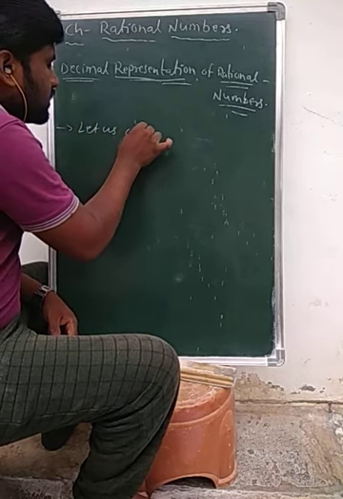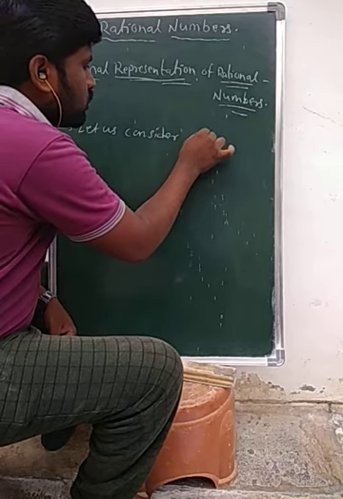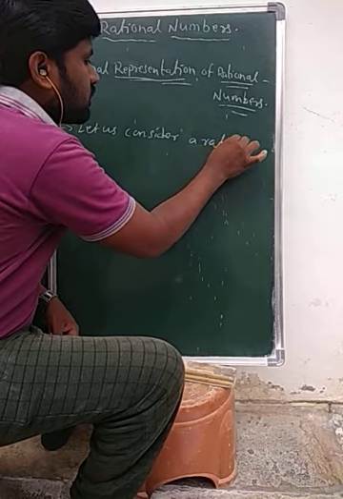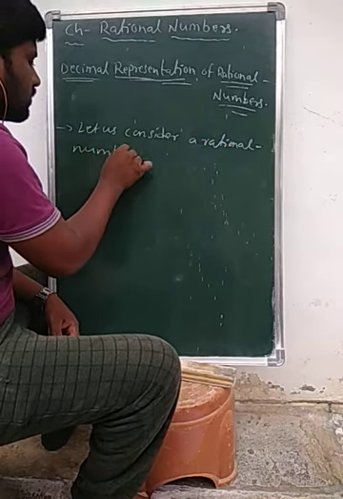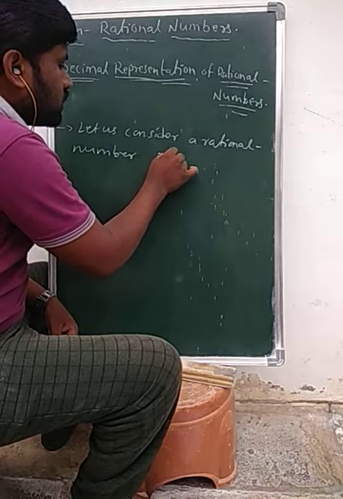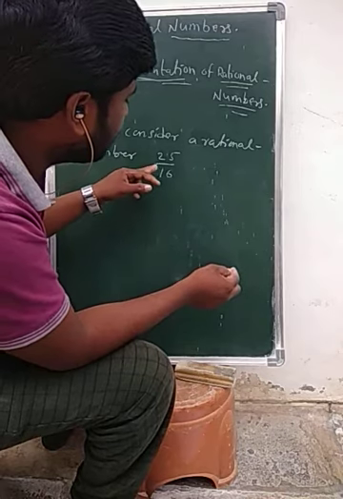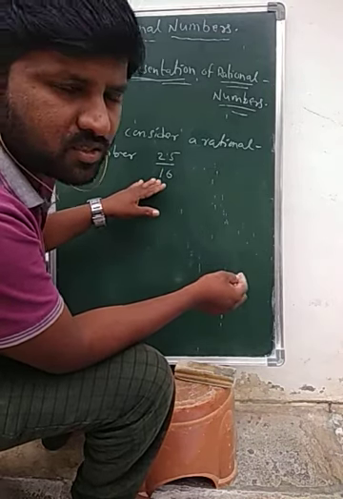Let us consider a rational number, 25 by 16. Now clearly 25 by 16 is a rational number. Now see its decimal expansion.